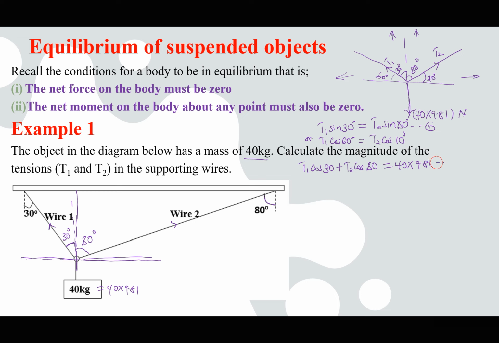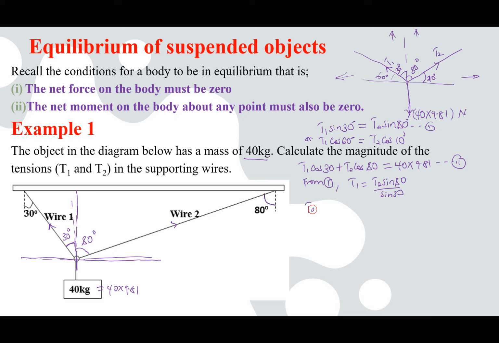So this is going to be my second equation. So it depends on what you want to do. You can modify equation number 1 and substitute it into equation number 2. So from equation number 1, T1 is going to be equal to T2 sine of 80 divided by sine of 30. So I'm going to substitute for T1 in the second equation.